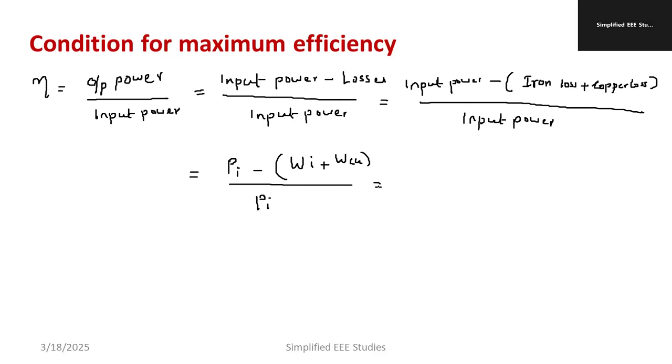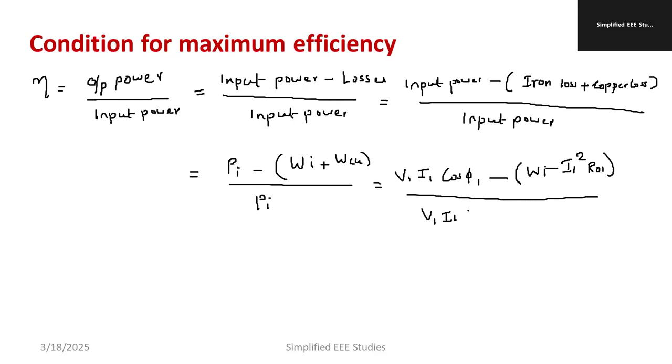Input power's general equation is V cos phi, so V1 I1 cos phi 1, minus iron loss Wi, minus the formula of copper loss, which is I squared R, I1 square into R01, where R01 is the resistance of the transformer winding, whole divided by V1 I1 cos phi 1.